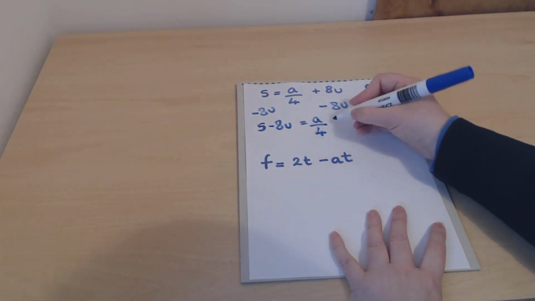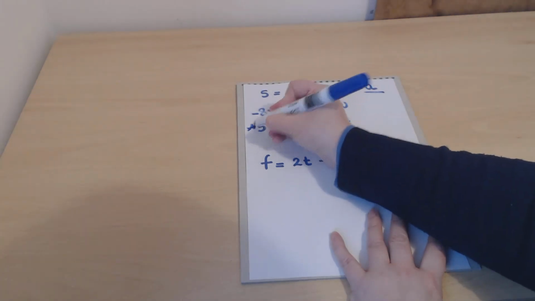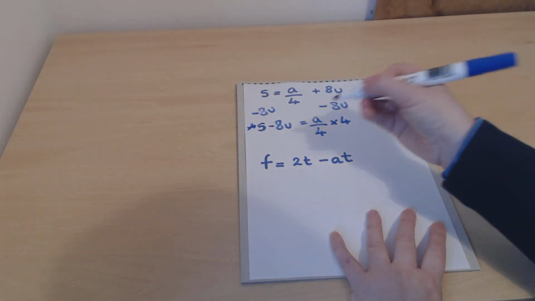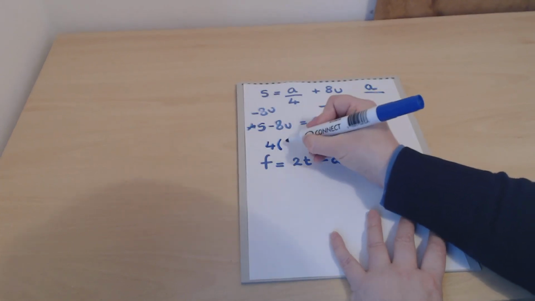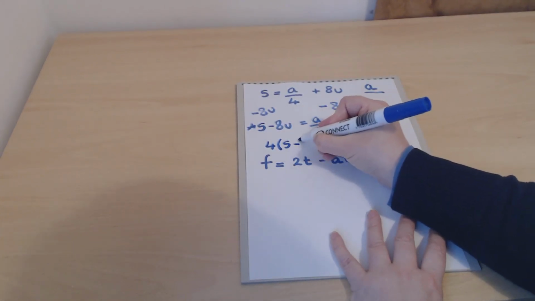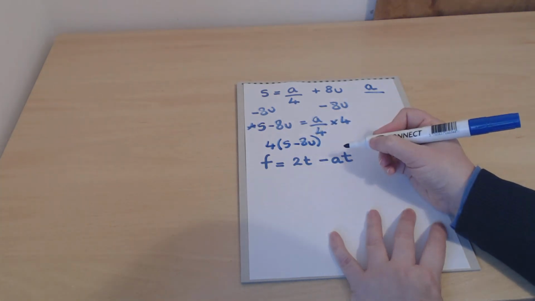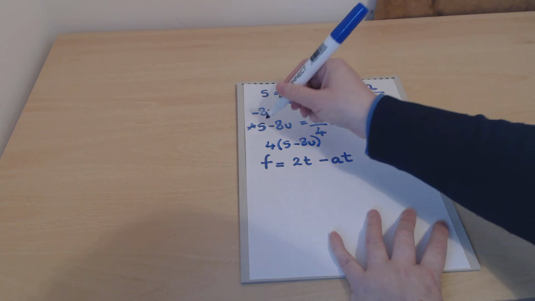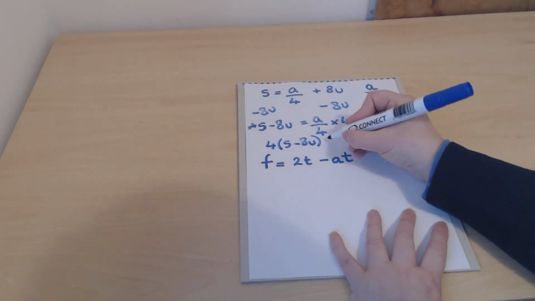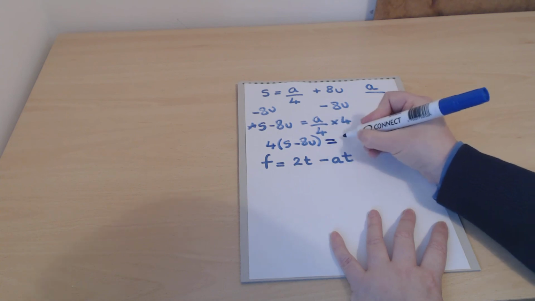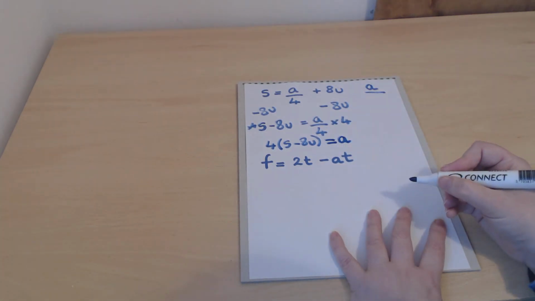And then to get rid of the 4, we're going to multiply both sides by 4. Now just be careful with this. So the easiest way to do this is to say it's 4 brackets S minus 8u. If you want to multiply out the brackets, that's fine, just remember and understand that you've got to multiply both parts by 4, not just the first one, and that cancels with that to leave us with A on this side.